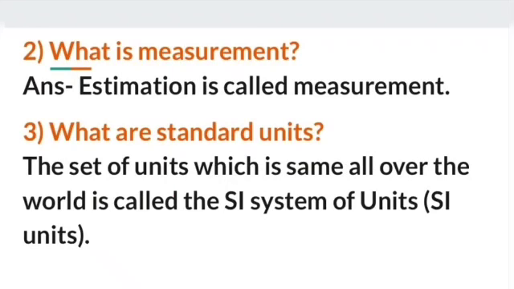Second question, what is measurement? Answer: estimation is called measurement. Third question, what are standard units? Answer: the set of units which is the same all over the world is called the SI system of units, or SI units, or standard units.